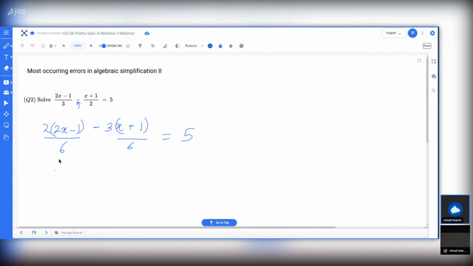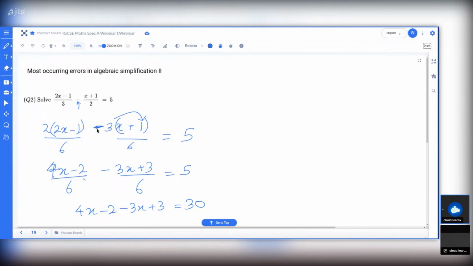I'm trying to sort of do it incorrectly and spot the error. So 4x minus 2 over 6 minus 3x plus 3 over 6 equals 5. And then get rid of the 6. So it'll be 4x minus 2 minus 3x plus 3 equals 30. Multiply both sides by 6. Already committed the error. What was the error?